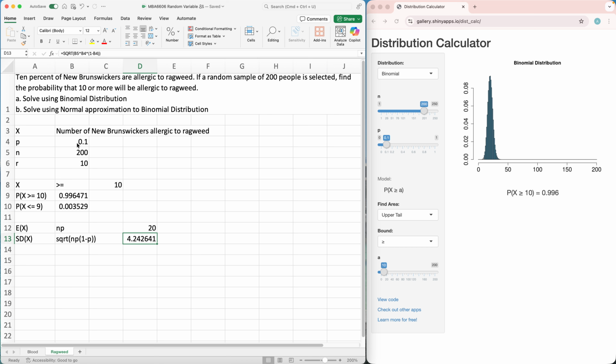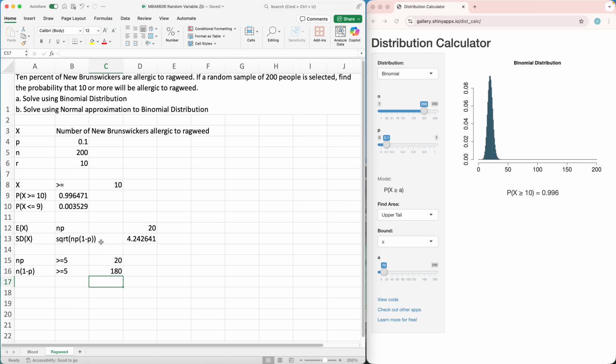Now to apply a normal approximation, we need to check certain preconditions, which say np should be greater than or equal to 5 and n times 1 minus p should also be greater than or equal to 5. If this condition is met, we can apply the normal approximation. So np, we have calculated, is n times p, and nq is n times 1 minus p.